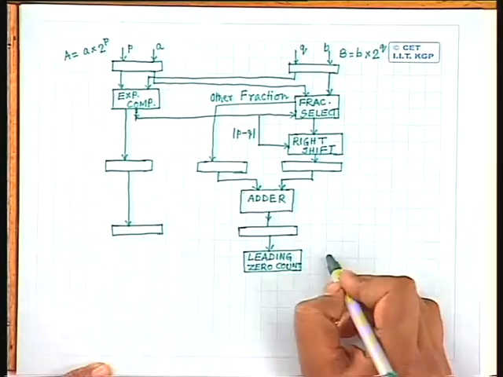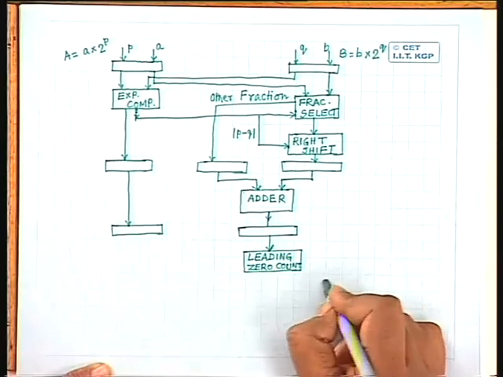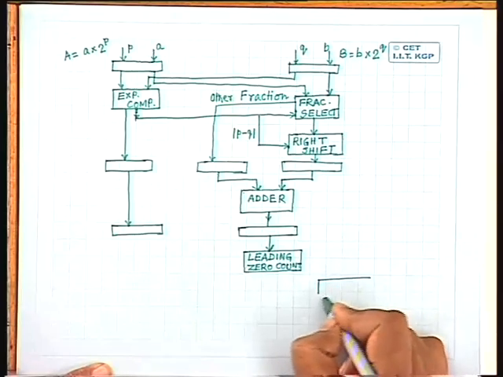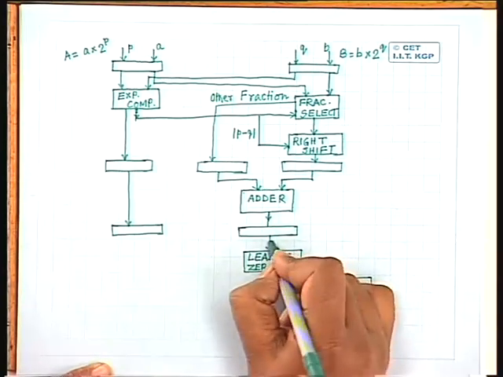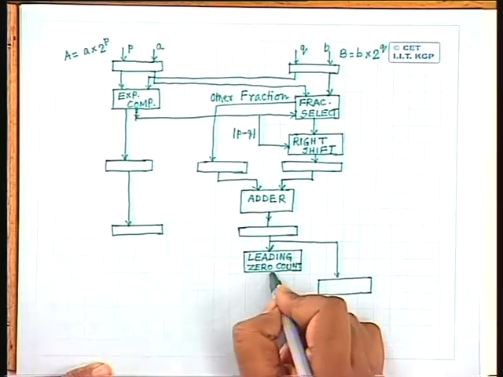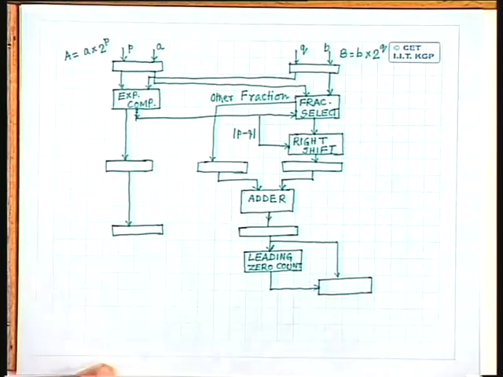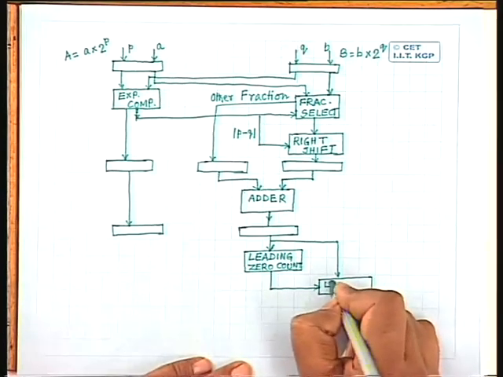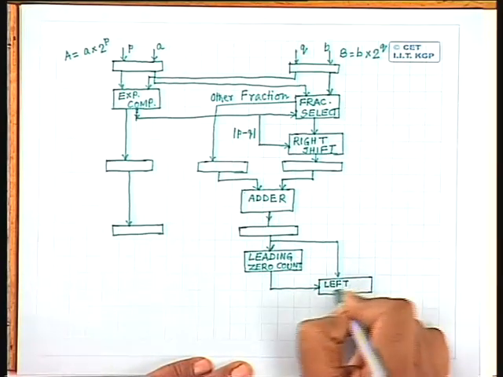Then, depending upon the number of leading zeros you have, I have to give a left shift to the resultant fraction, and the number of bits by which the data has to be left shifted depends upon how many leading zeros you have. So this is a block which gives left shift.